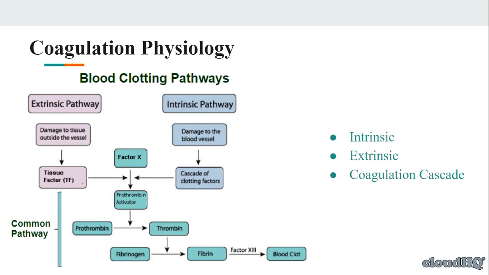They both lead to the common clotting pathway and the production of prothrombin activator. Prothrombin activator then converts inactive plasma protein prothrombin into an active enzyme, thrombin. Thrombin then transforms your soluble clotting factor fibrinogen into its insoluble form, fibrin, which makes a cross-linked fibrin mesh, or a blood clot.